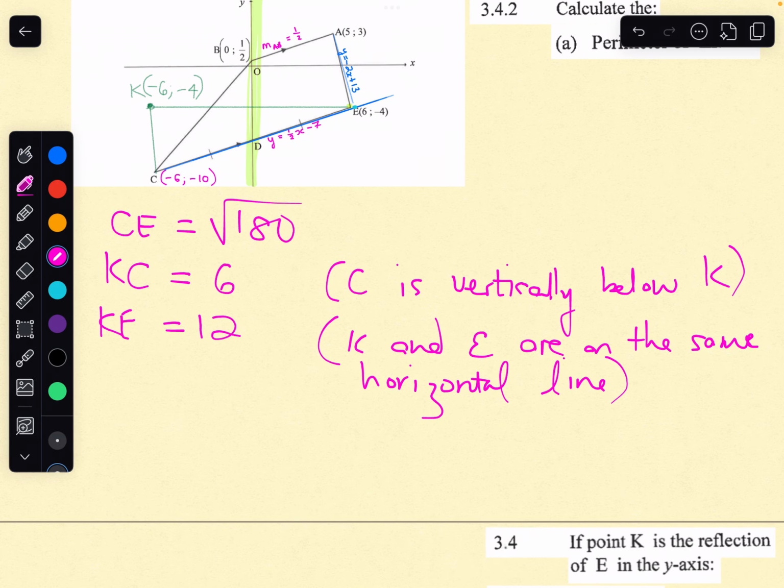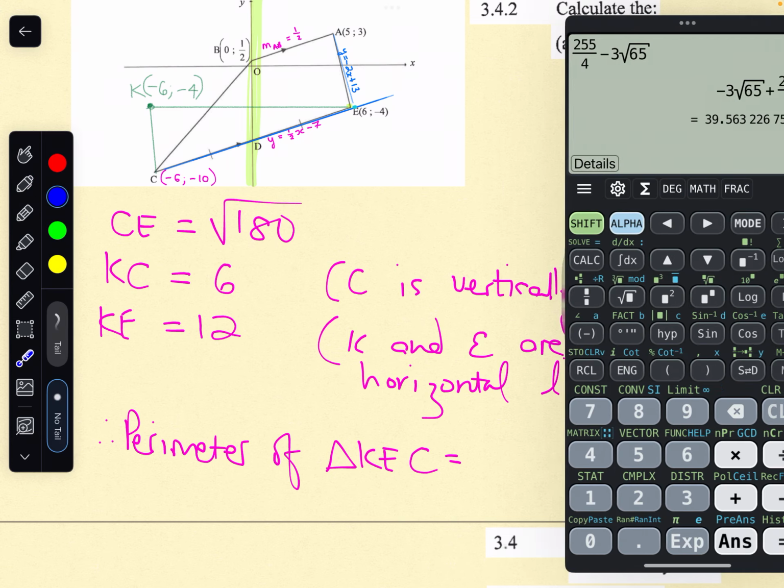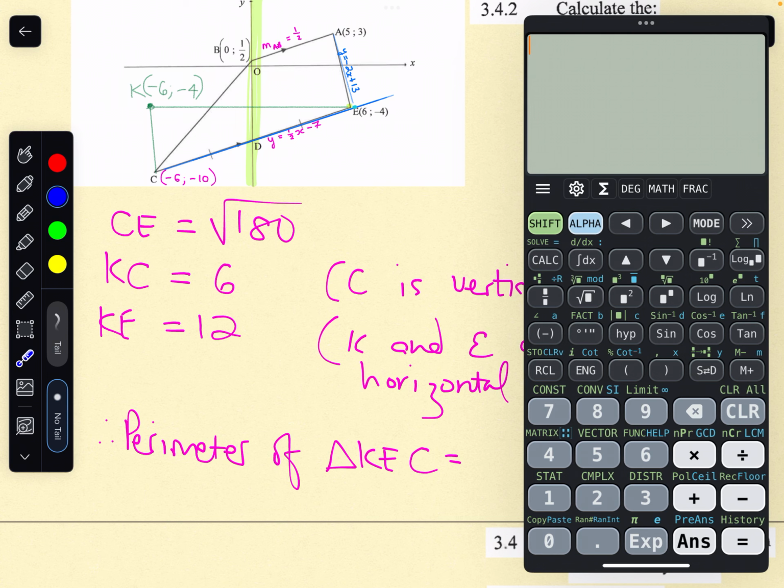Okay, so the perimeter of triangle KEC will be the sum of these three. I just want to double check this length CE. Let's just do it on the calculator.